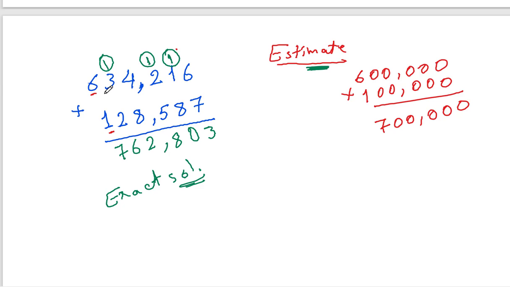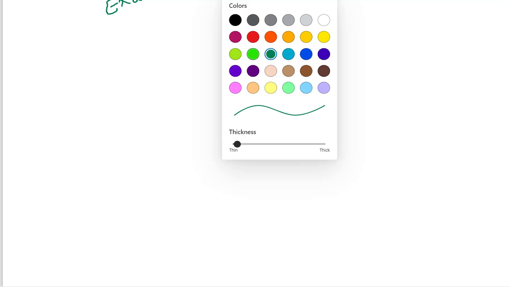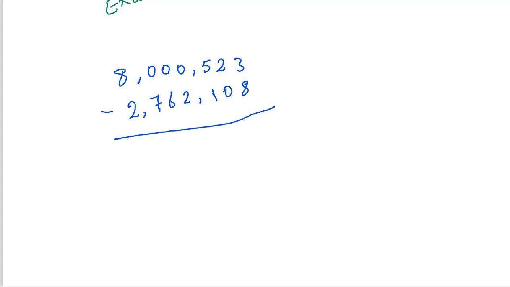And let's take another one. Let's take it minus this time. $8,523,000 minus, okay, I think this is big enough.